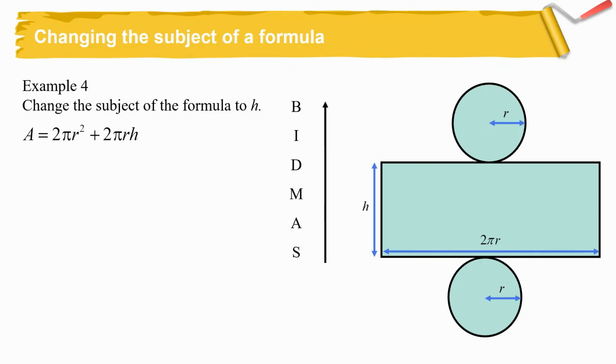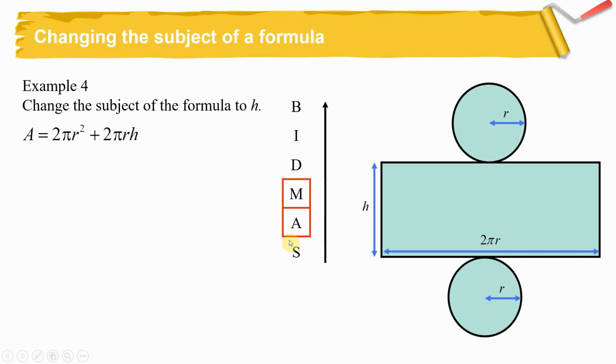And although it's complicated, but it's actually just a two-step changing of subject. We just need to treat this as one term and another multiplication, 2 pi r times h, so another term. Right? So we have actually two operations, which is addition and multiplication.